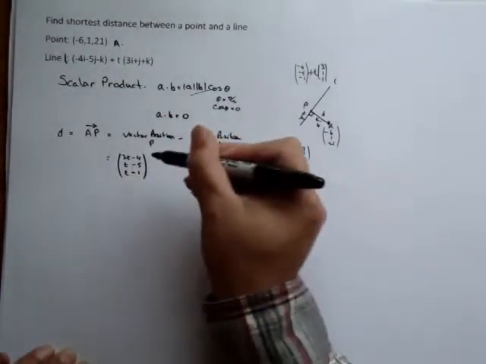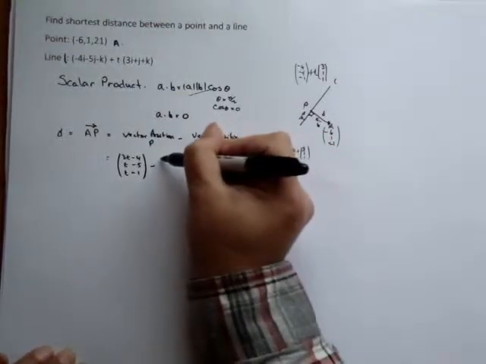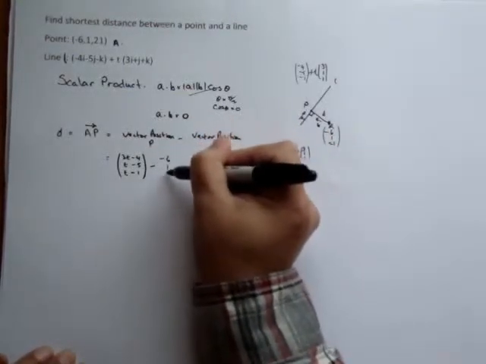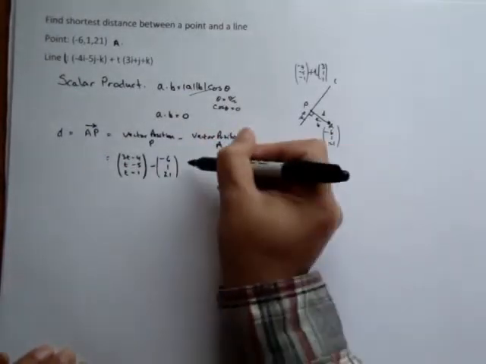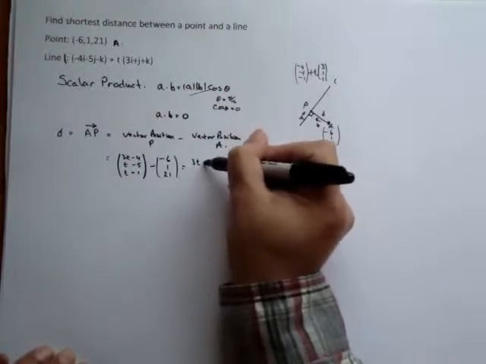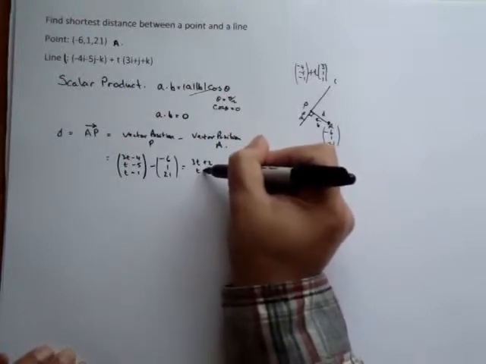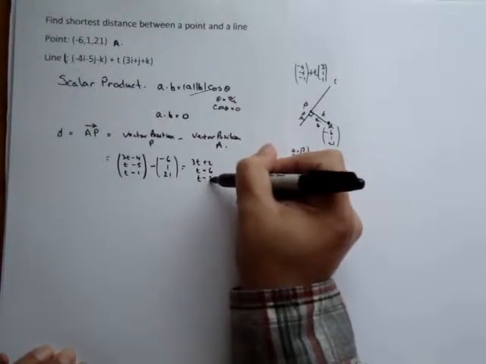So we can use that unknown and then minus the vector position of a, which is minus 6, 1, 21. And this would give us, when we work it out, 3t plus 2, t minus 6, t minus 22.